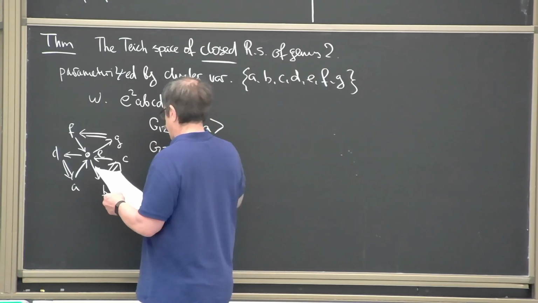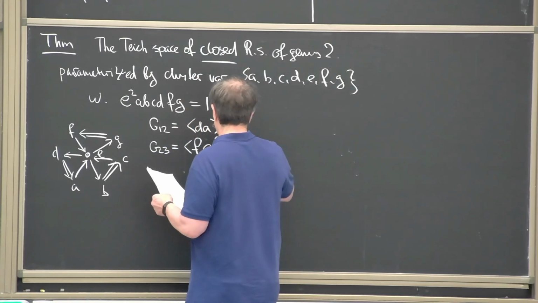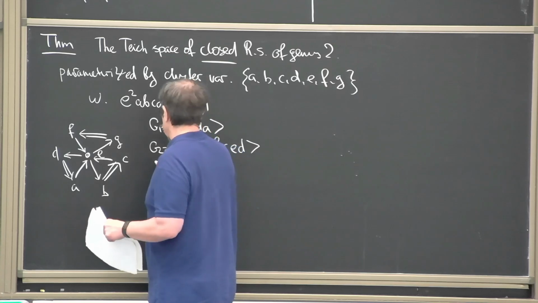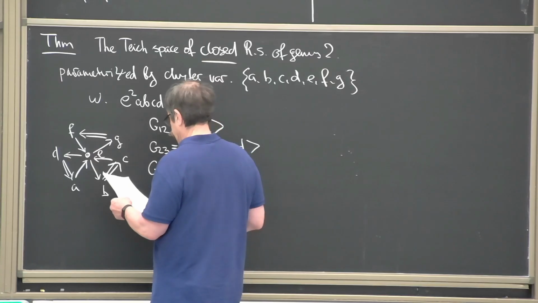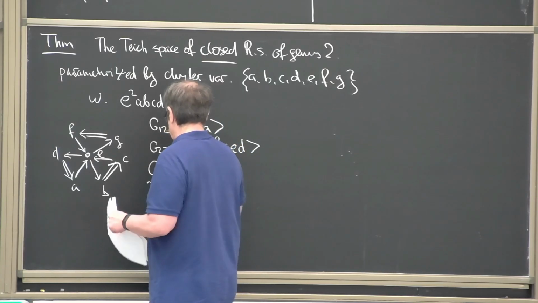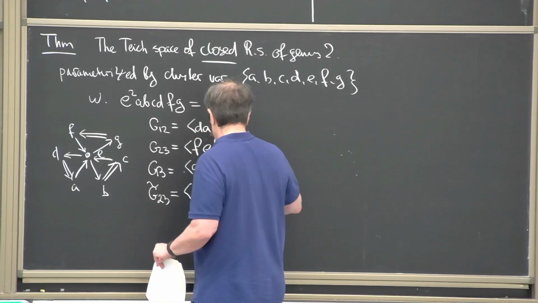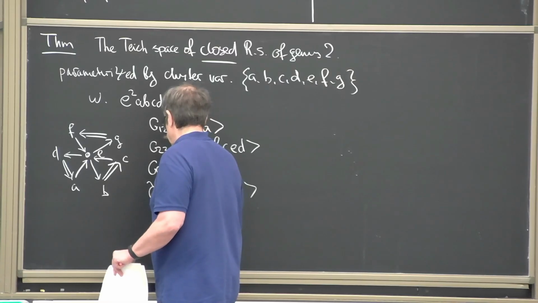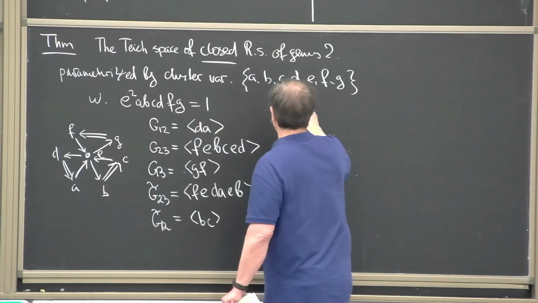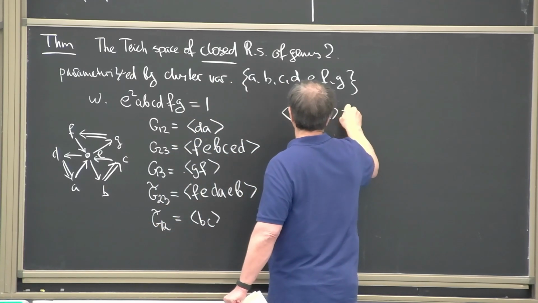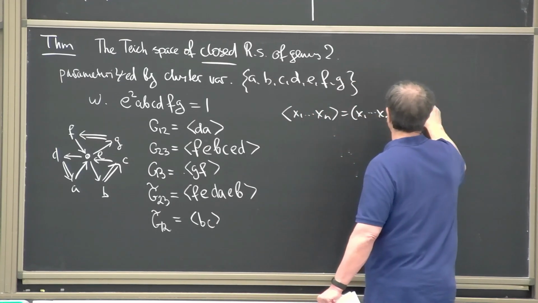G2,3 is a telescopic sum of this form, GB is GF, G2,3. And finally, G12 is BC, where by definition, and then we have this telescoping sum.